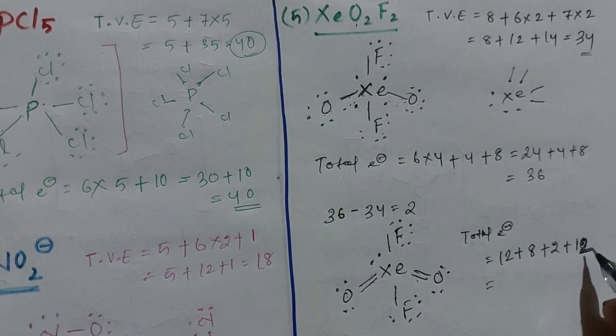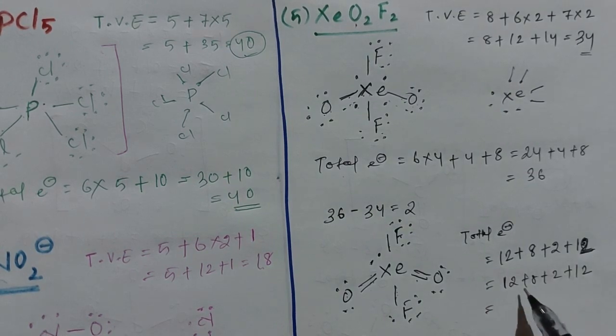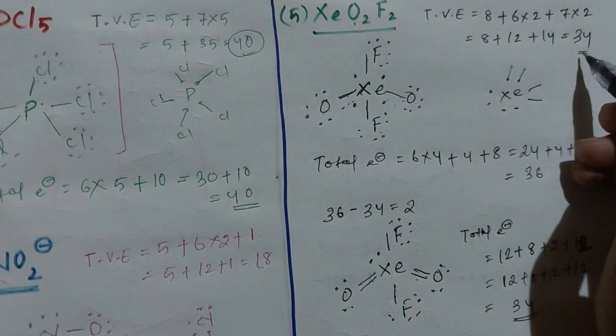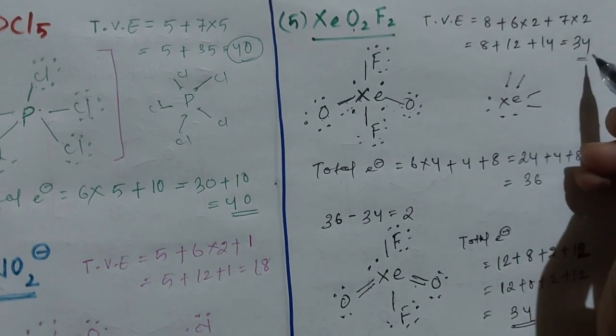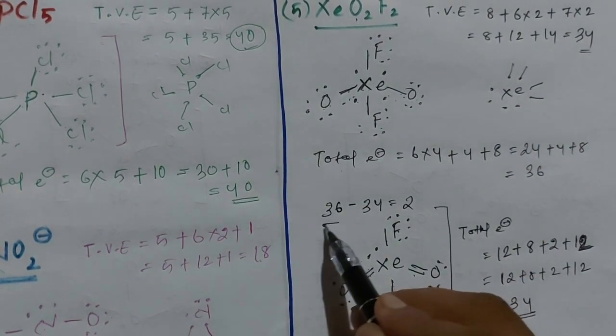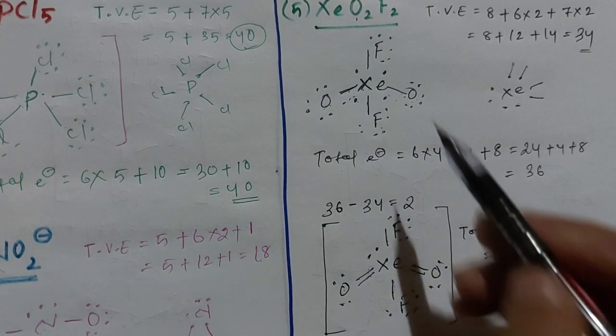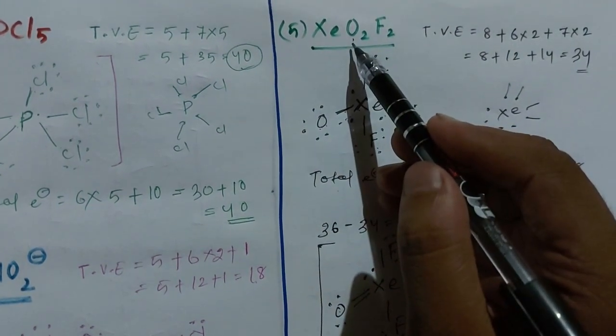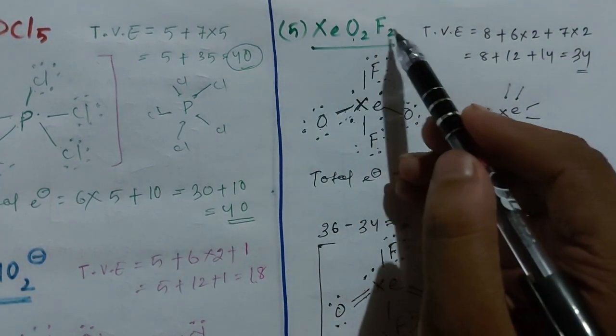So here 12 non-bonded electrons and 12 bonded electrons, that is equal to 34. Now this total electron count is equal to the total valence electron count. So this is the final electron dot structure or Lewis structure of the given compound, that is XeO2F2.